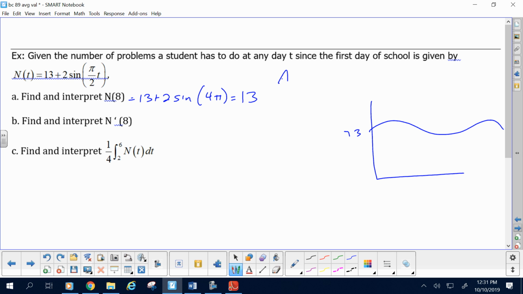So at t equal 8 days, what does n represent? The student has to do 13 problems. Yeah, the student has 13 problems. Right? Okay, now find and interpret n prime, please.